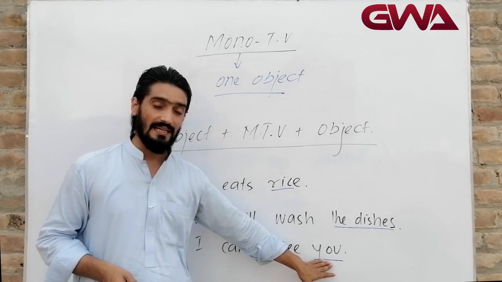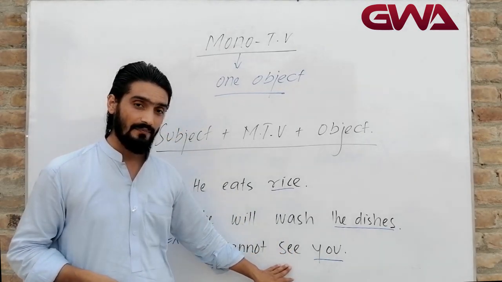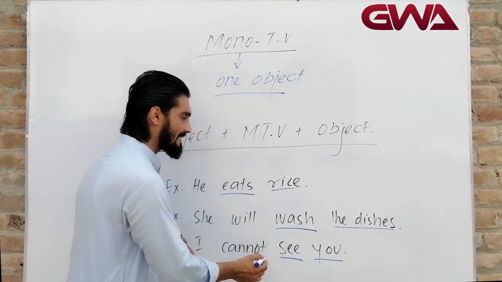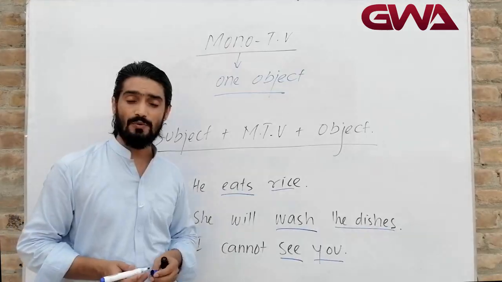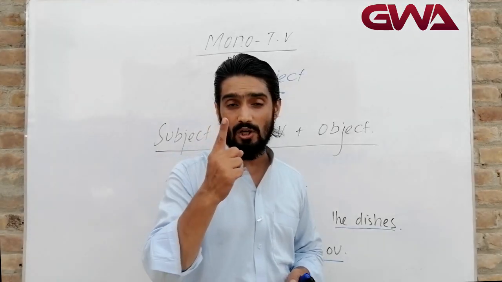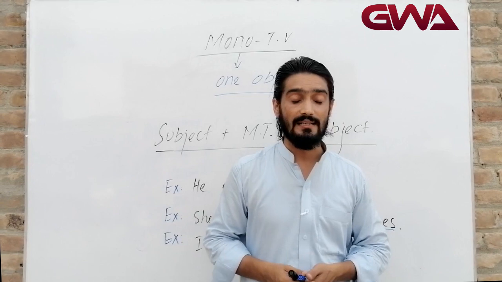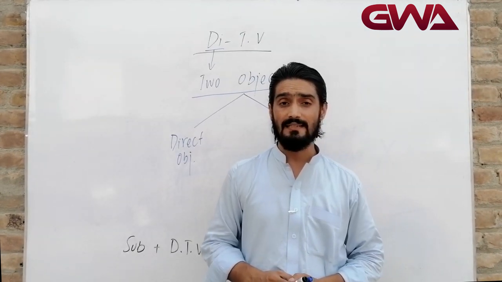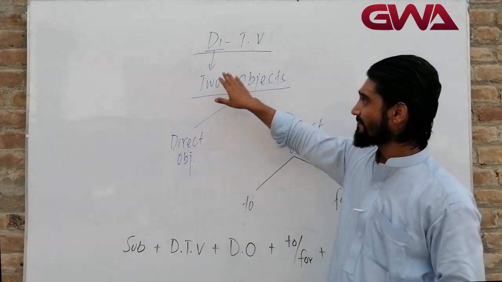Here, you is an object of see. In these examples, eat, wash, and see are monotransitive verbs because they have only one object and their meaning is complete.